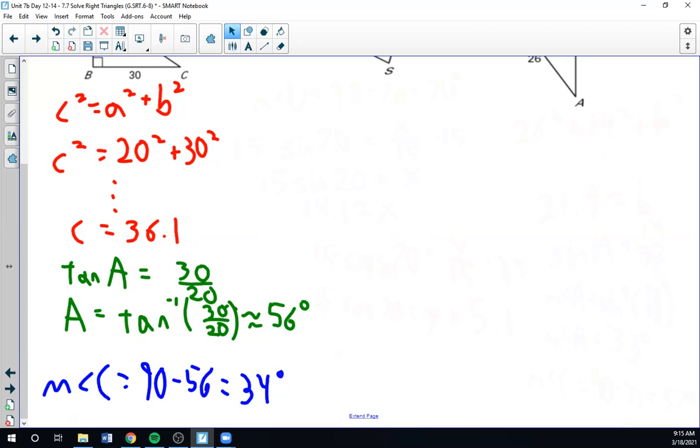That leaves 90 for the other two put together. So we take and subtract from 90, and we get 34, as our last angle measure. So once you know one of the angles, very easy to get the other angle. Very quick and easy.